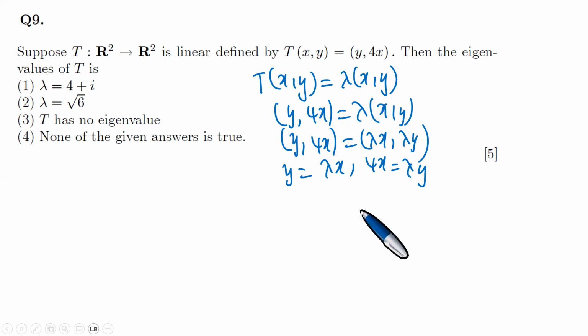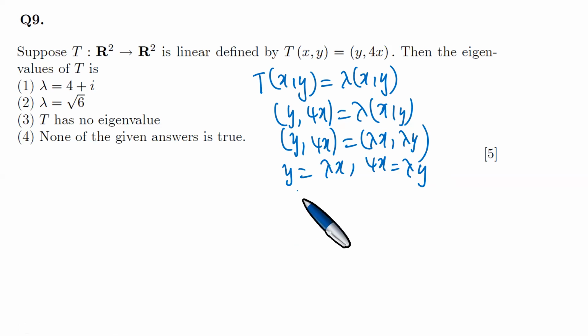If these are simultaneous equations, we need to solve them in a clever way. This one is telling us that y is equal to lambda x. We must use it first. The one that makes either x or y the subject is the one we use first.